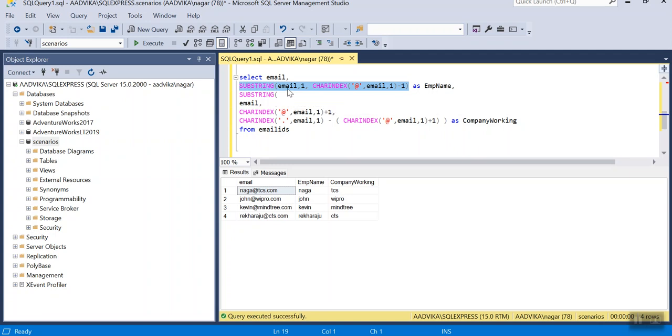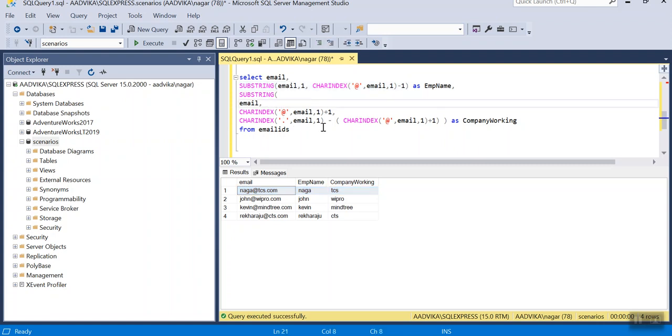Substring: the column from which we are extracting, the starting position and the number of characters. The at the rate position is 5, and I am subtracting one value, so that is 4. Just concentrate on one particular row, because it is the same for the remaining ones. In naga@tcs.com the at position is 5, so 5 minus 1 is 4, and up to naga it is fetching. It is so simple.